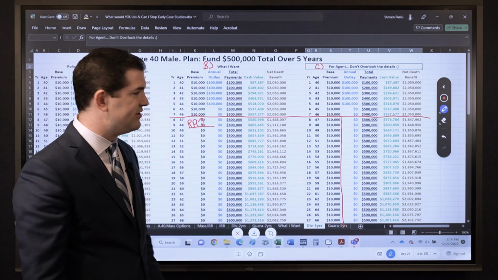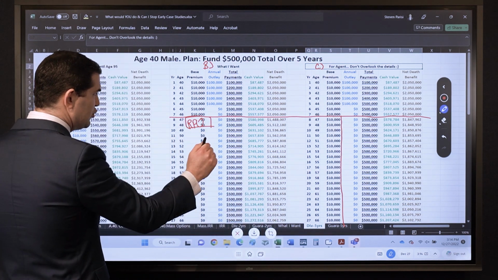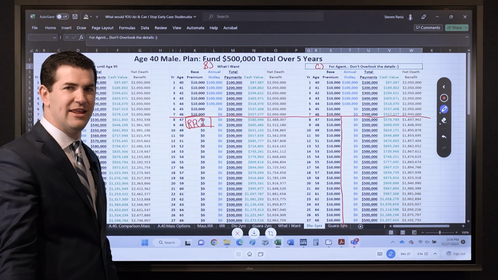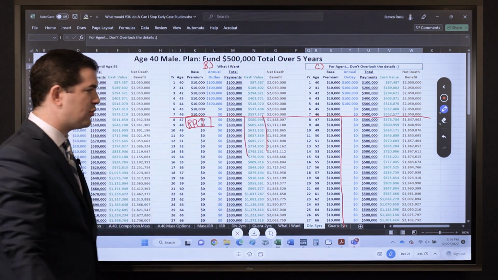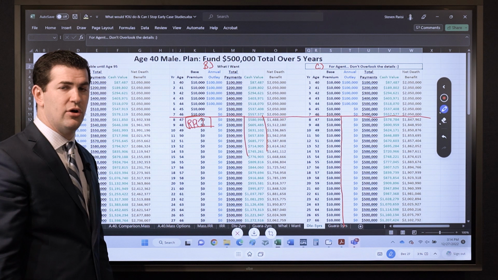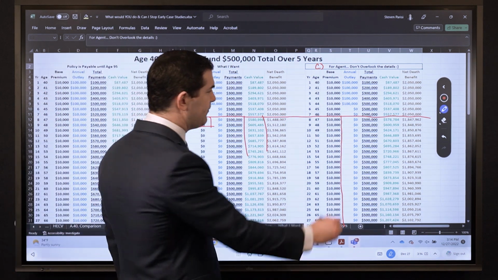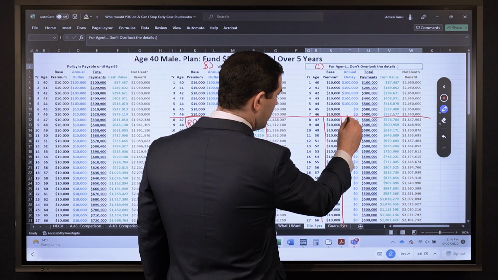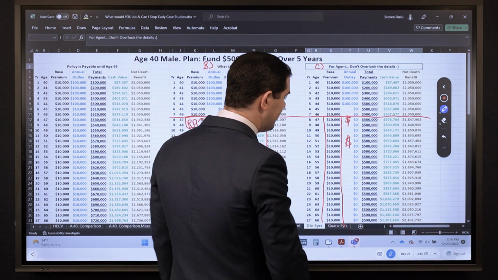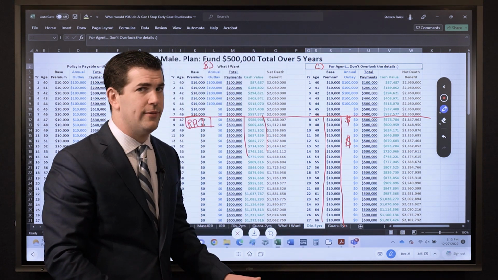Here's what I mean when I say that. In this case, once we exercise the reduced paid up, we can't add anything else. I can loan and repay based on what I have available in cash value all day long, but there's no more adding money to the product. With this guy, I still have a premium due, which means if I want to make these payments, resume them, some years pay 10K, some years not pay 10K, I can do that.